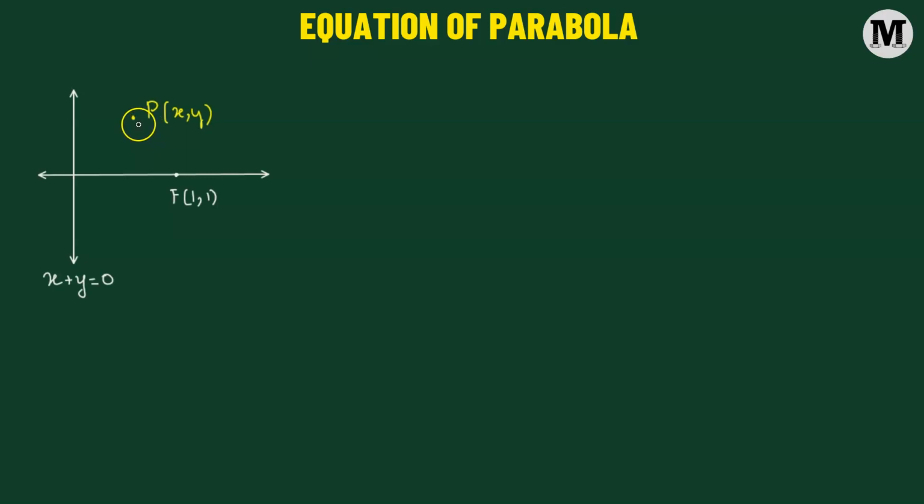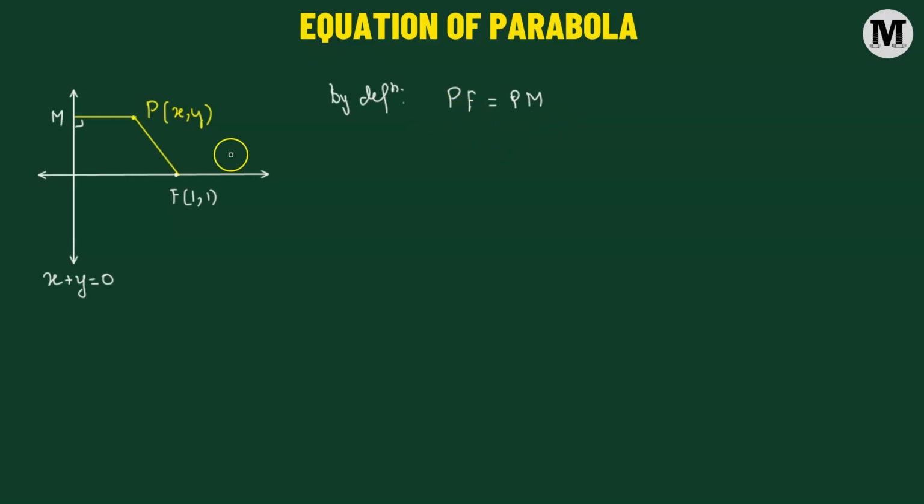So what we'll do, we'll join point P and point F. And we're going to drop a perpendicular from point P on the directrix line. Let's say the perpendicular line meets the directrix at M. So by definition of a parabola, PF is equal to PM.